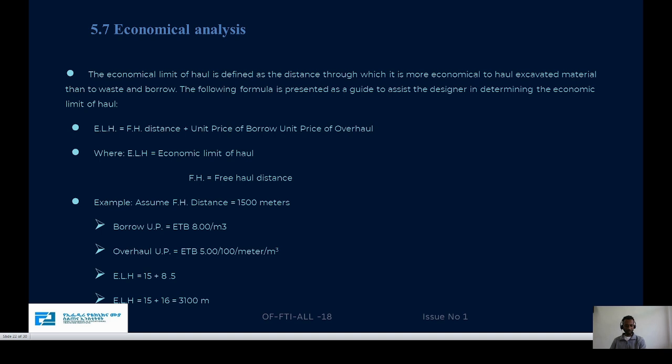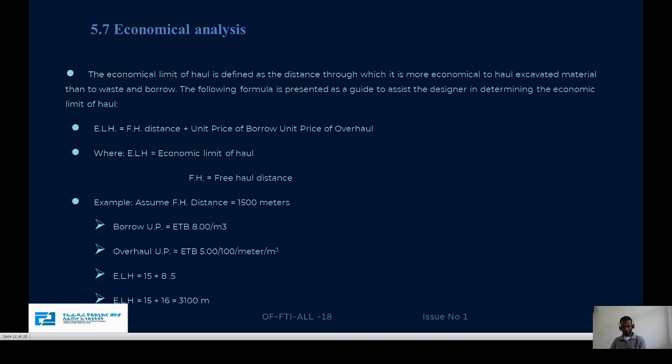The economic analysis is also very important. The economical limit of haul is equal to the free haul distance plus the unit price of the borrow over the unit price of overhaul distance. The free haul distance is 1015.